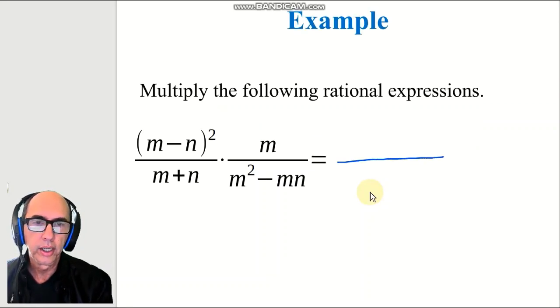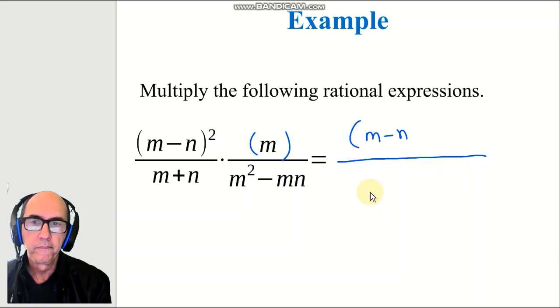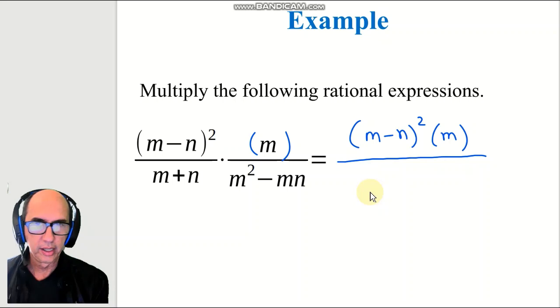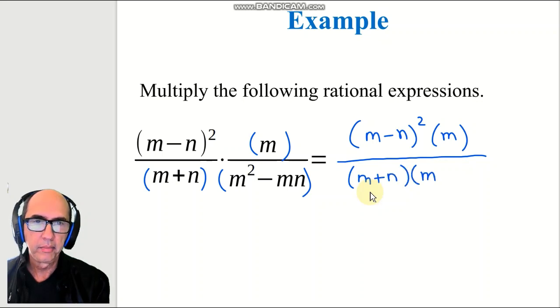So draw here the fraction bar, and we have (m minus n) squared times (m), let's write with the parentheses just to make it real clear what you're doing. And on the bottom, (m plus n) times (m squared minus mn).